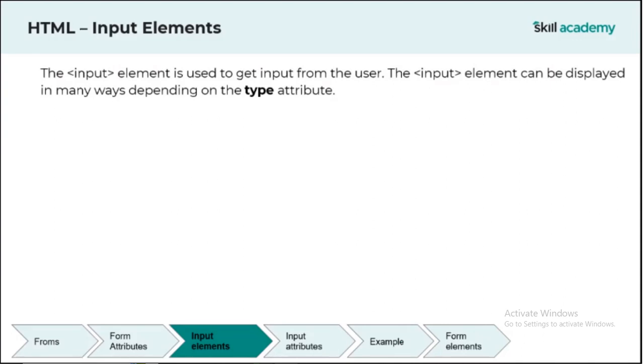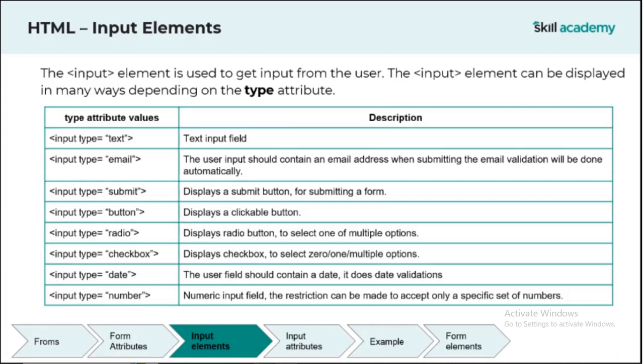The input element can be displayed in many ways depending on the type attribute. अब सपोज करो कि आपको यूजर का नेम रिसीव करना है, so you will be using input type is equal to text. आपको यूजर का ईमेल एड्रेस चाहिए, तो we can use input type is equal to email. If you want to create a button, then you can create input type submit for submitting a form, and if you want to create a clickable button, then we can create input type is equal to button.